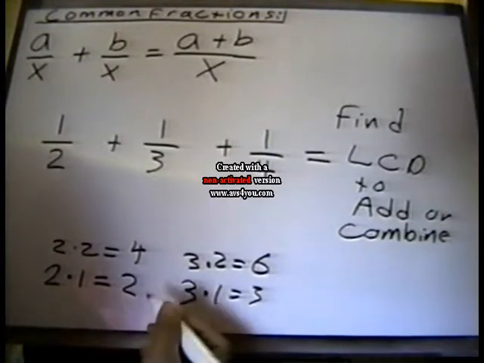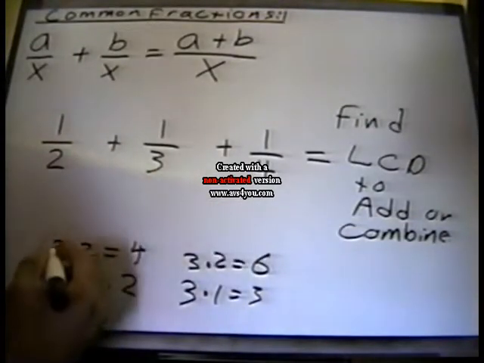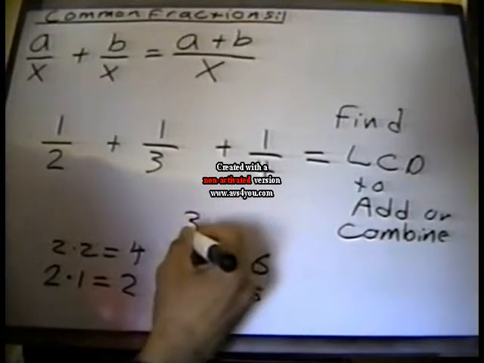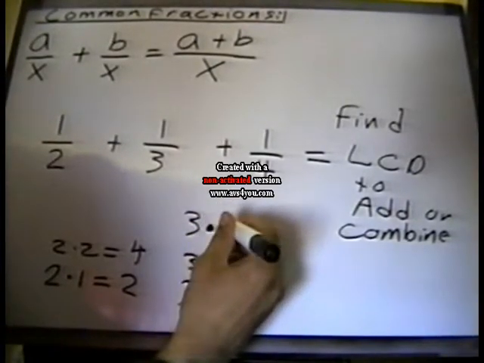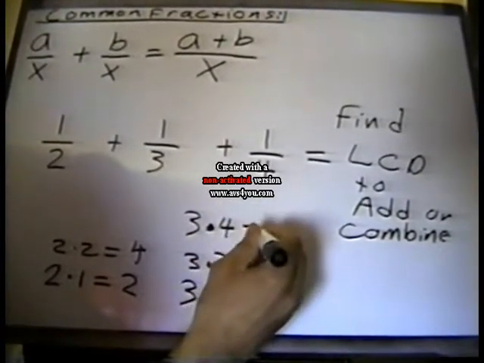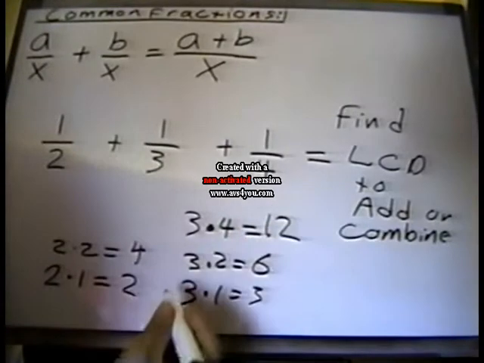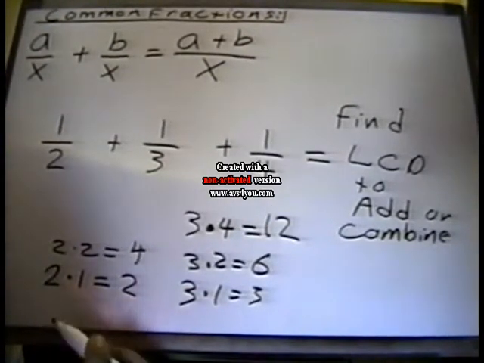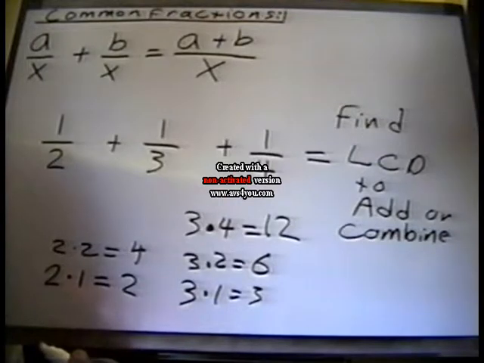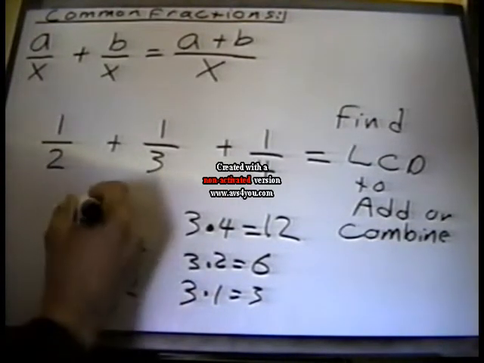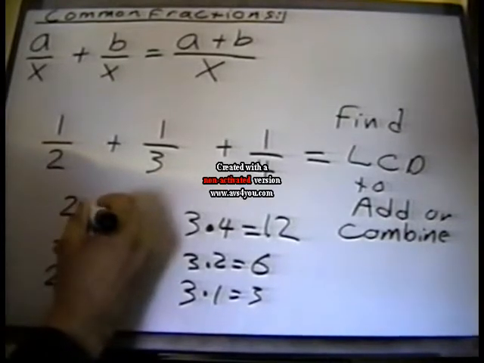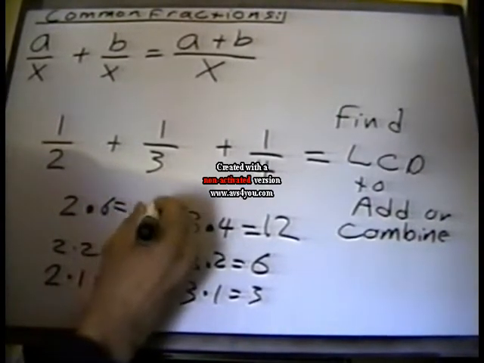Okay? However, if we multiply 3 by 4, we get 12. Okay? If we multiply 2 by 6, we get 12.